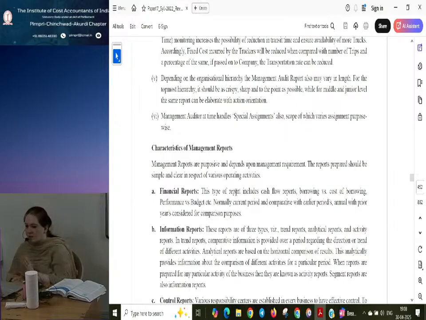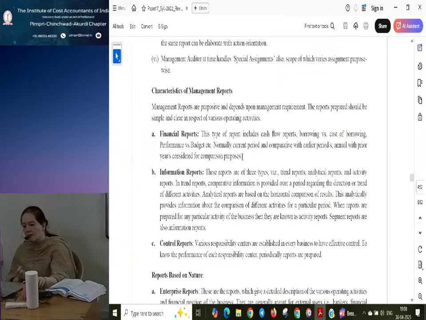It will be financial in nature. Then coming to information reports. Information reports show the trend of different activities, like trend reports, analytical reports, activity reports. So these reports can be segment wise, okay. So it will give the information.